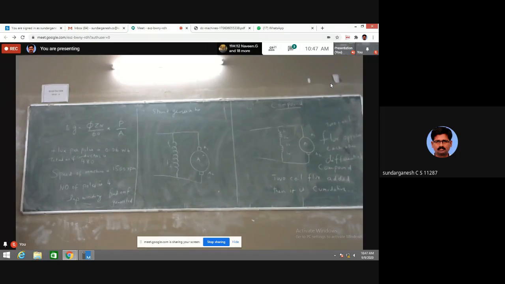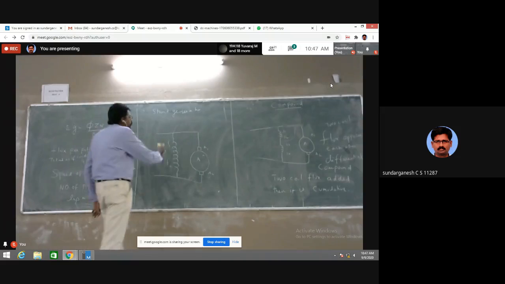So this is the problem they have given. So you have to find the EMF generated. They have given the flux per pole, Z, N, and the number of poles. They have given a clue that it is lap winding. Then you have to find the EMF generated.